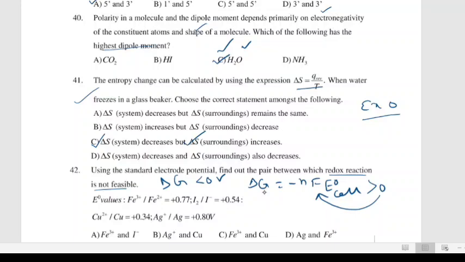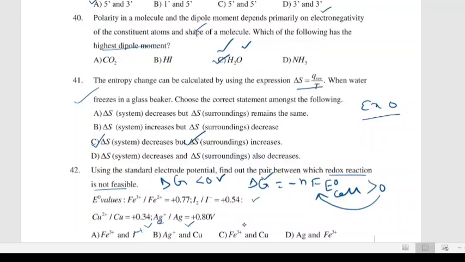Let's check the combinations first. So Fe plus 3 and I minus, it is nothing but 0.77 minus 0.54, which is a positive value. So it's feasible. Ag plus and Cu, 0.8 minus 0.34, it is also feasible.